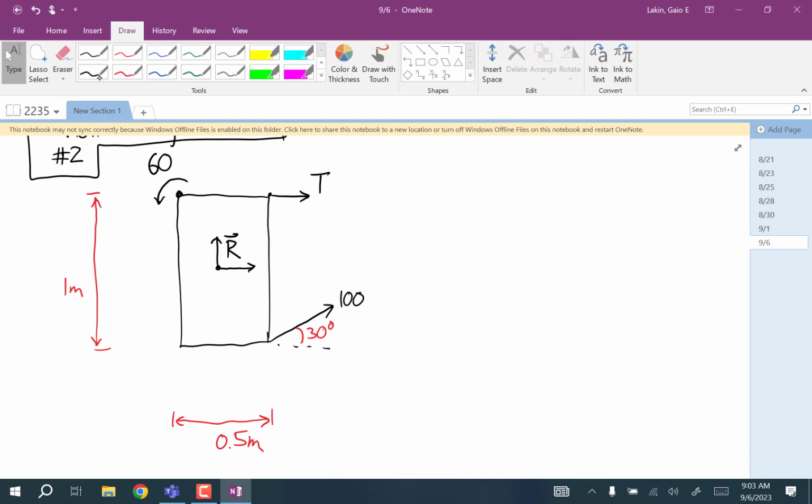what do we want to choose as an about point? We could choose anything we want. It really doesn't matter. You can choose it anywhere, but it does simplify the math a little bit if you put your about point at the place where you have the most unknown forces.